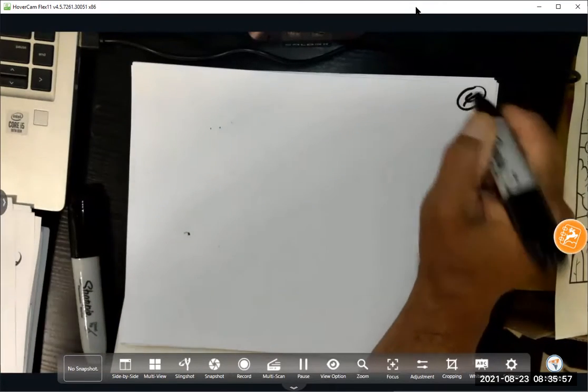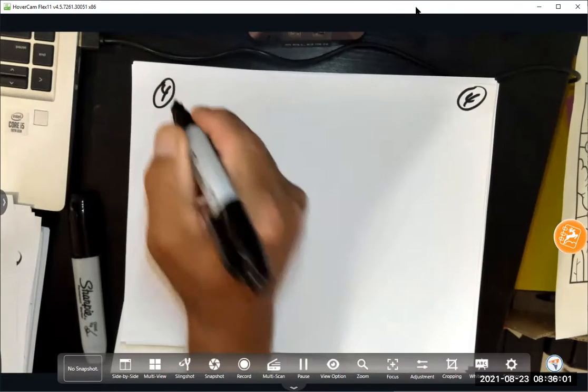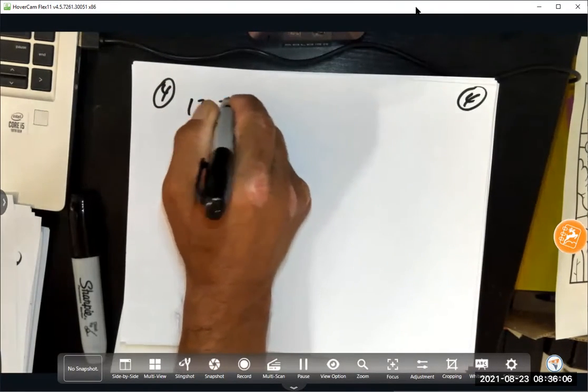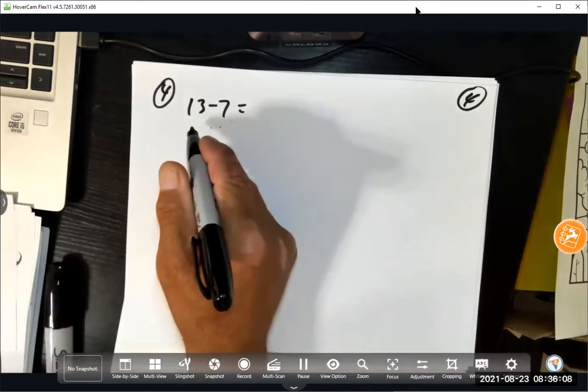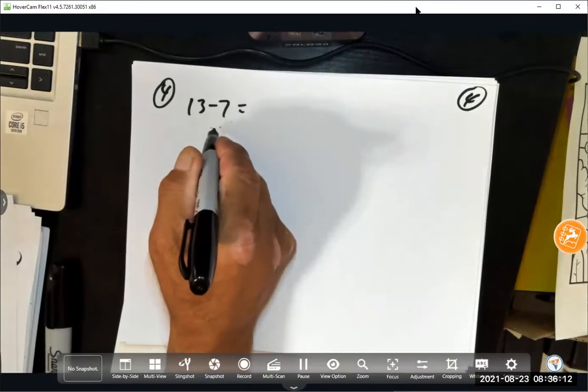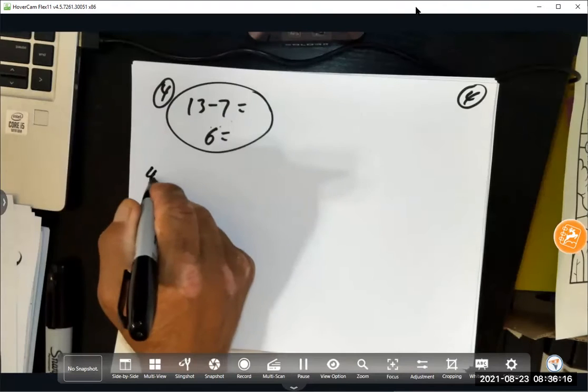All right, 4. This one says 13 minus 7. Again, this time the positive is bigger, the negative is smaller. So you subtract those two numbers, it's going to give you what? Just 6. Okay, another one like this one.